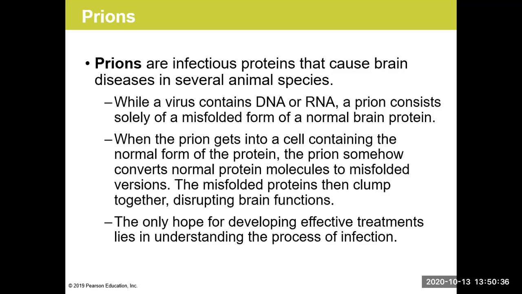Individuals can have in the cell a normal version of the protein, and then one protein becomes misfolded, and that misfolded protein starts behaving as if it's infectious. Any normal protein that it touches, it keeps converting into misfolded proteins as well. The only hope for developing effective treatments against these prions is to understand the process of infection. So mechanistic studies are still going on.